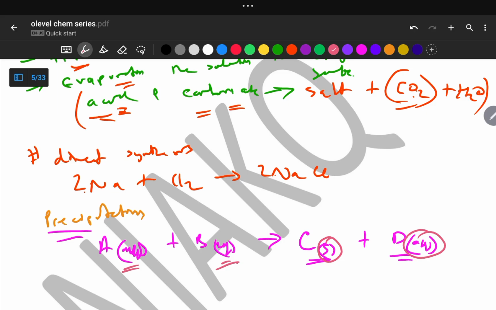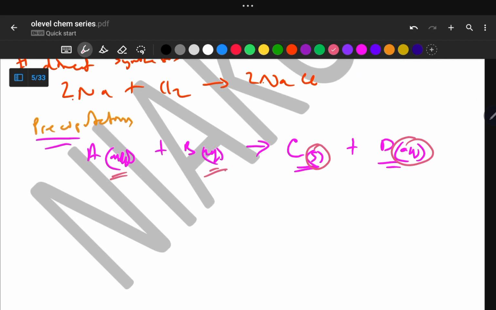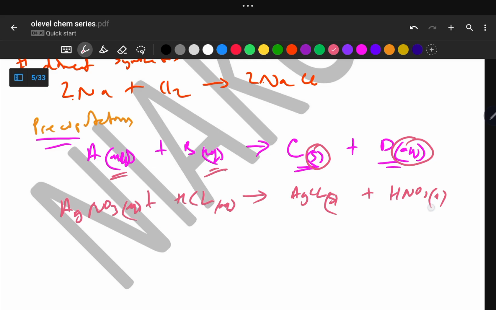So examples of these precipitation reactions, we can have silver nitrate. All nitrates are soluble, right? We can have silver nitrate plus hydrochloric acid. So this one is aqueous, this one is aqueous, to have silver chloride, which is a white precipitate, plus nitric acid, which is also aqueous, right? So this is the equation.